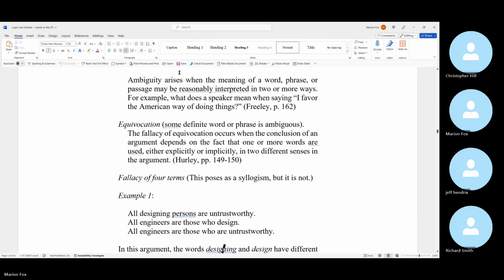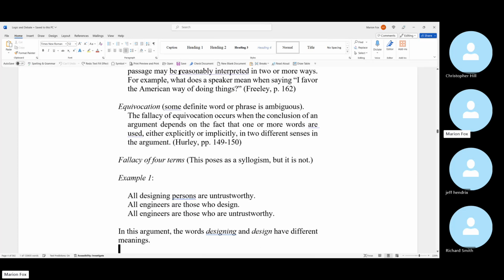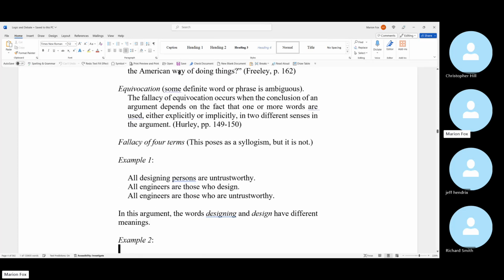It looks like a syllogism of four terms, but it's actually equivocation in the argument. All designing persons are untrustworthy. All engineers are those who design, and all engineers are those who are untrustworthy. Well, let's look at this.